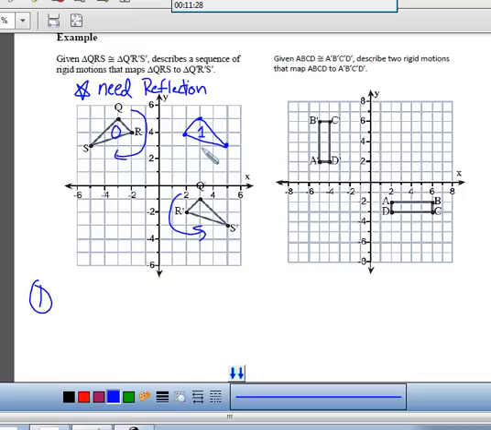And it looks pretty clear now that you're going to be able to get from here to here relatively easy for step 2. So first step, reflection across the y-axis.